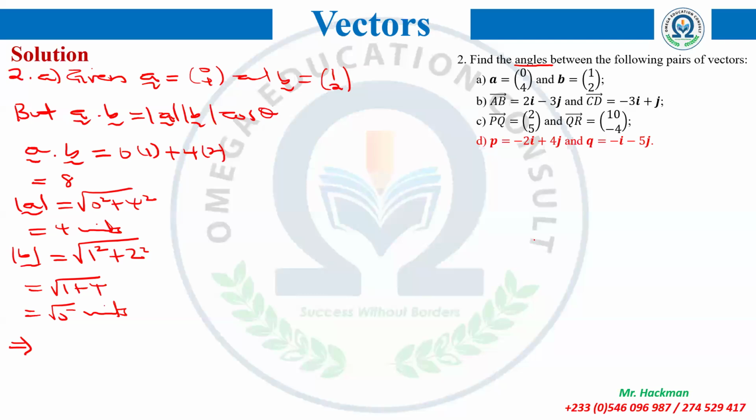So they will write theta is equal to cos inverse of A dot B over the magnitude of A times the magnitude of B, which is correct and true from the statement, but I don't want us to deal with it that way. Let's substitute and do the change of subject.